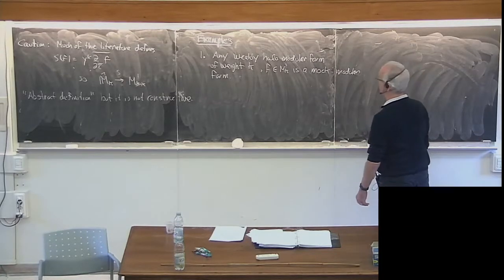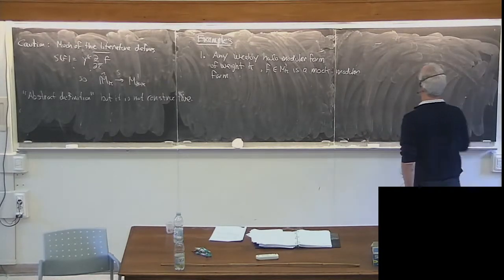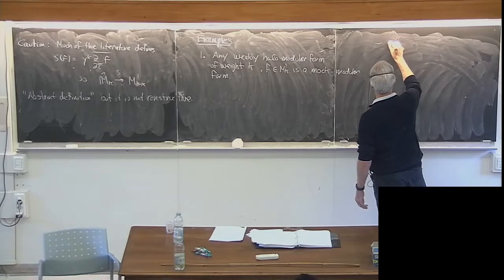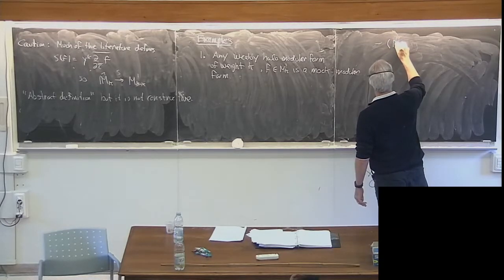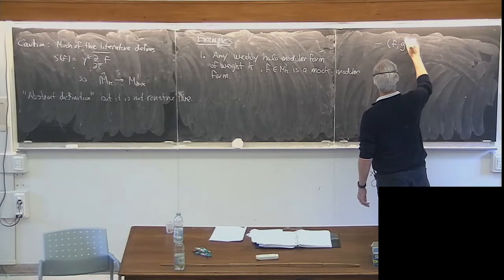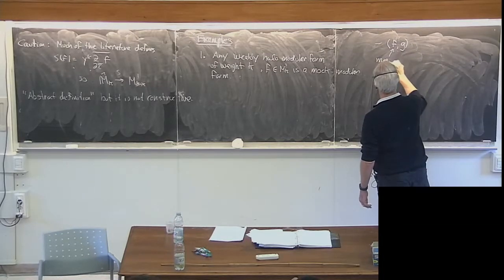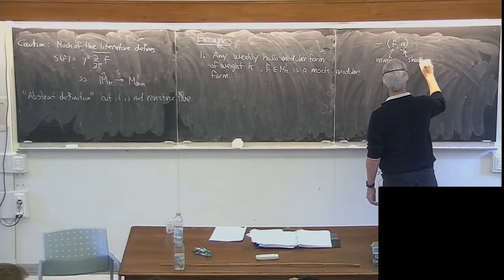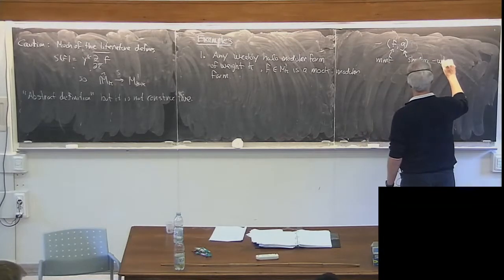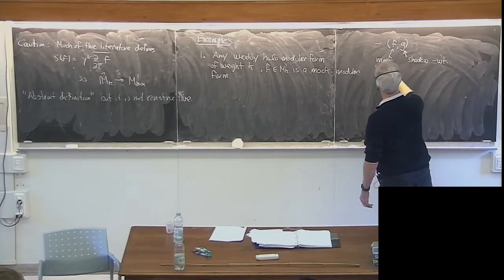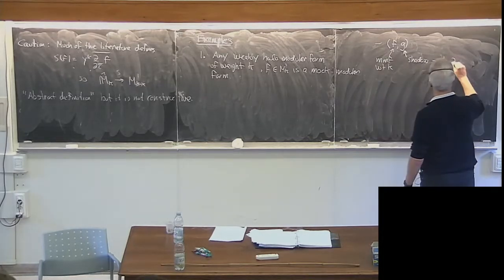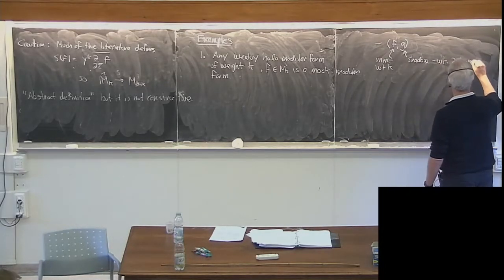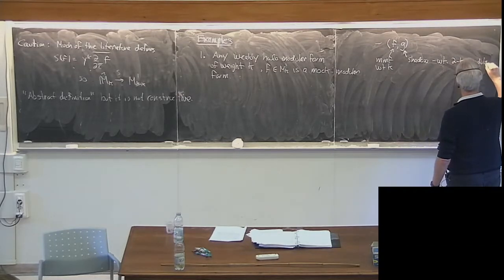Sometimes people define mock modular forms in a slightly different way. What they involve really is a pair. F is a mock modular form. G is a function called its shadow, which is a weight 2 minus k honest modular form.